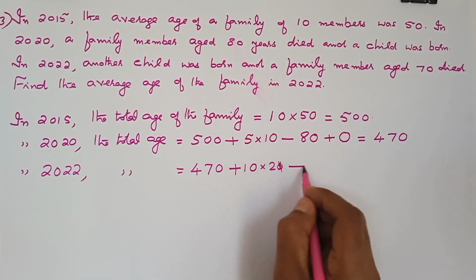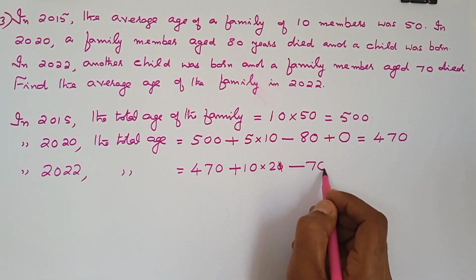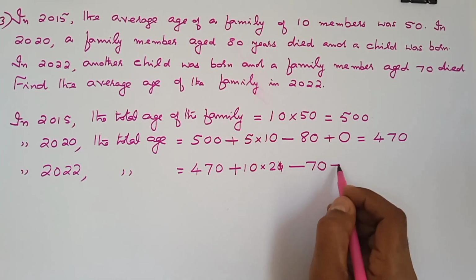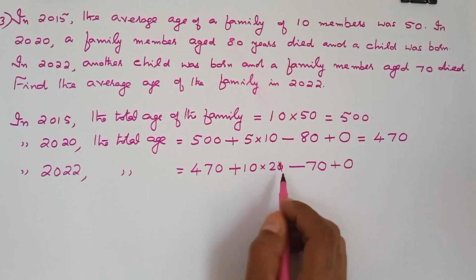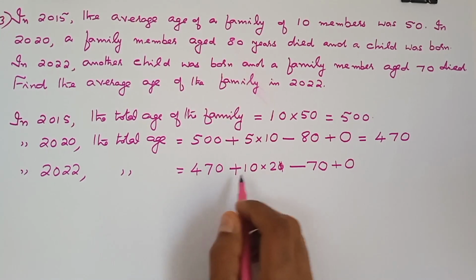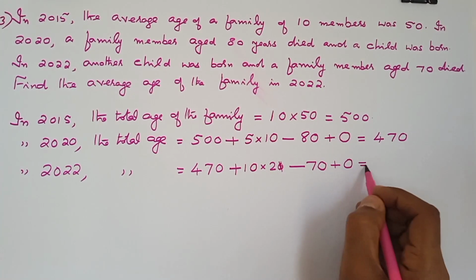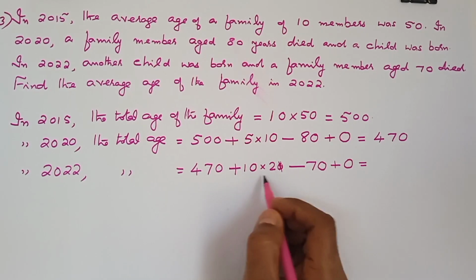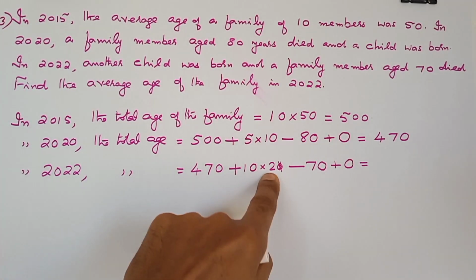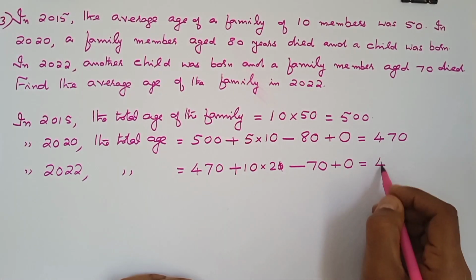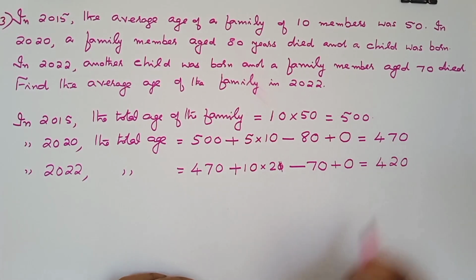And again there is a death of someone aged 70. You remove that, there is again a birth of a new baby. So this will be the total age of the family after one birth and one death, also accounting for the fact that each member of the family grew older by 2 years. Now working this out, you get 420.